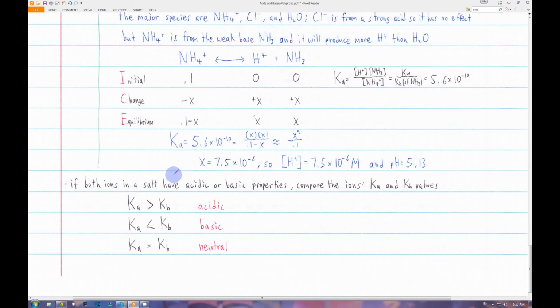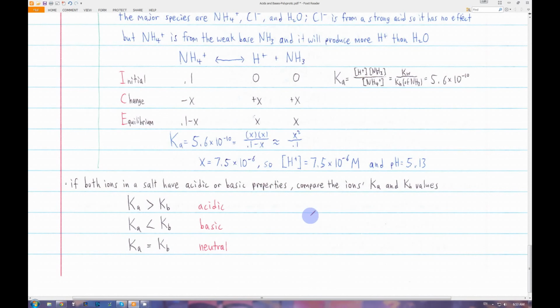All we can do is make a prediction, so you compare the ions' Ka and Kb values. For example, if you had ammonium fluoride, you take the Kb value of the fluoride ion and the Ka value of the ammonium ion, and you compare them.